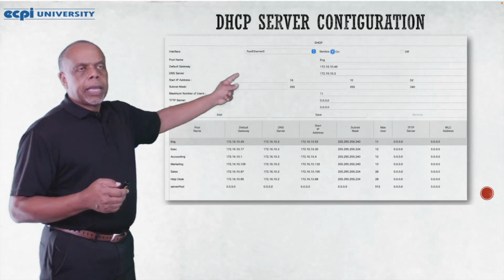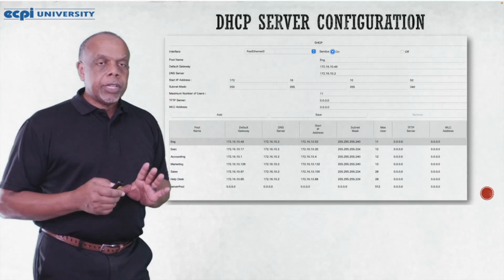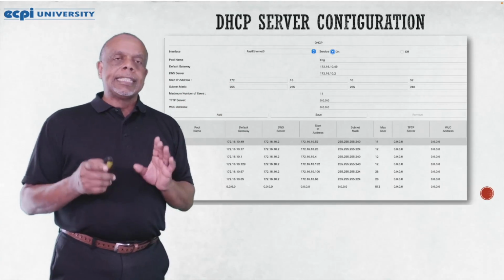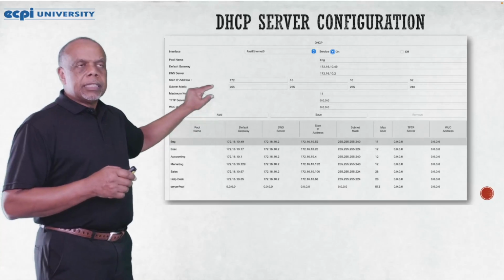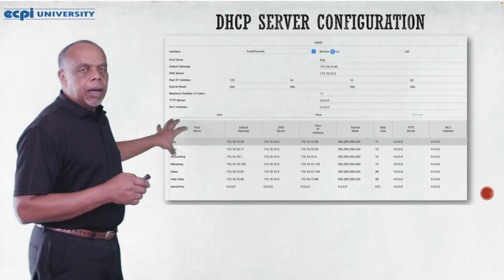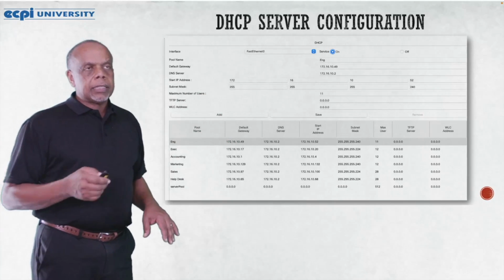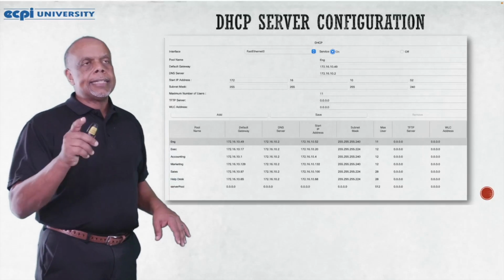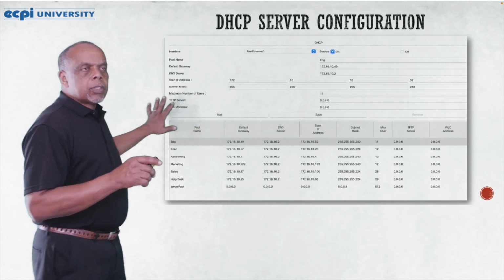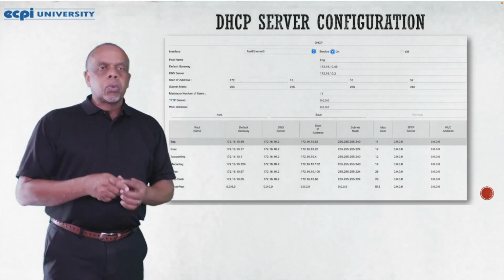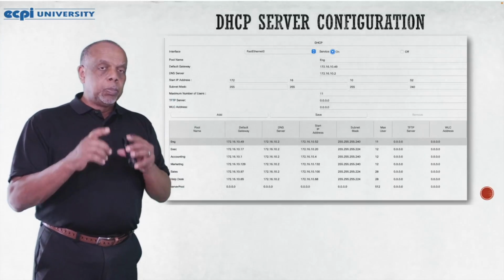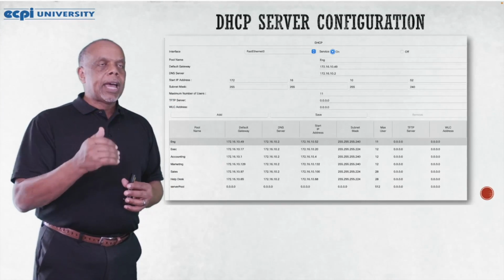The default gateway for engineering is 172.16.10.49. The DNS server is the IP address of this server, which is 172.16.10.2. Now this is where you use the starting IP address, meaning where you want the DHCP server for this pool to start handing out IP addresses.